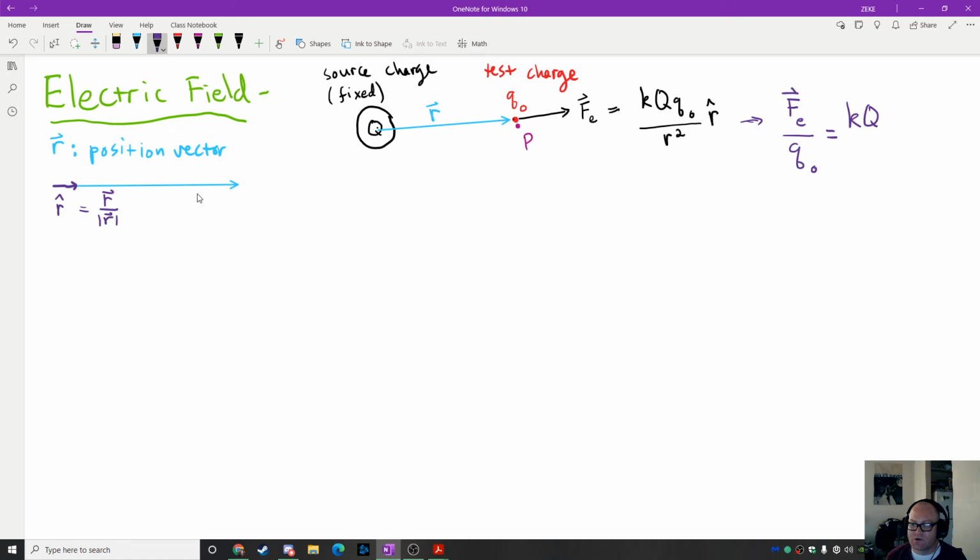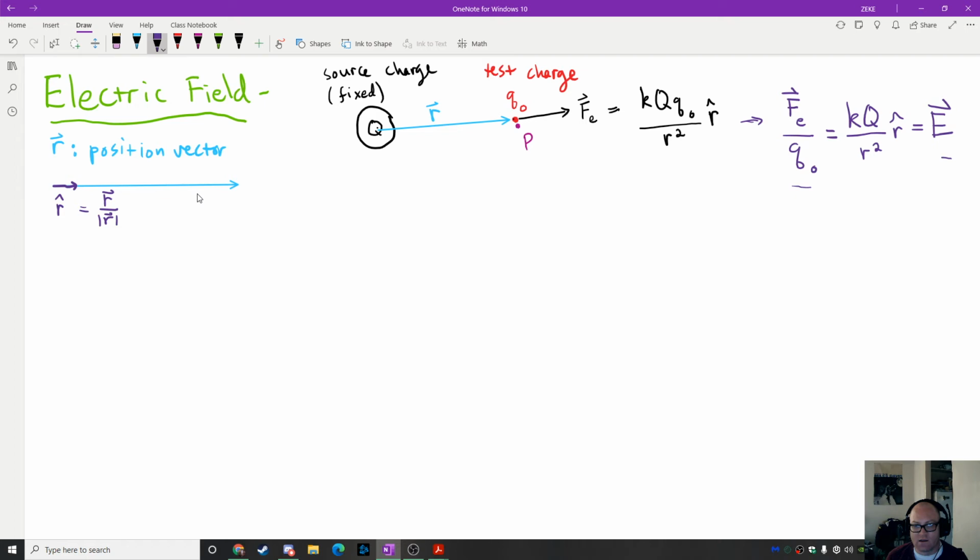And when we take the force and divide by the charge, what we're left with is something that we call the electric field E. Then we can write a really simple equation here: the size of the electric field at point P is equal to the force divided by the charge. That's the electric field.